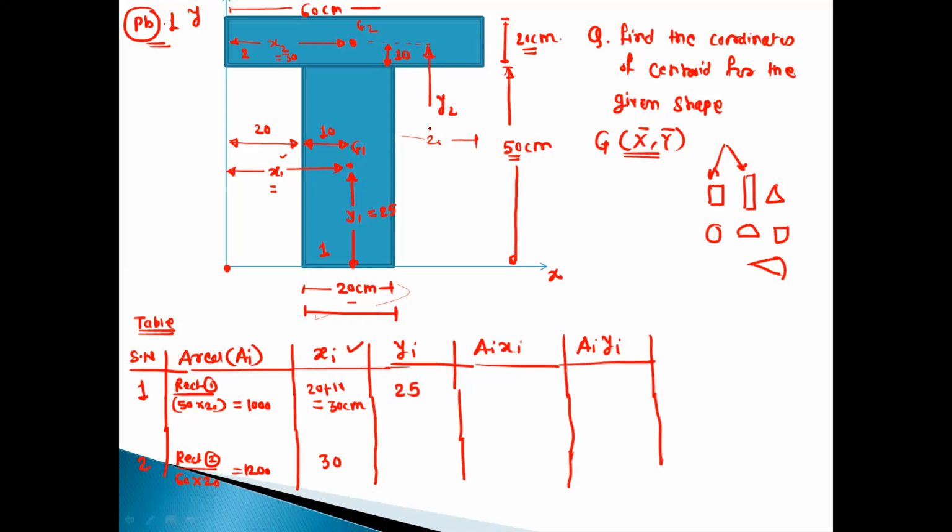So this is Y2 with respect to the X axis. Okay. So this Y2 will be this 50 centimeter plus this 10 centimeter. So Y coordinate will be 50 plus 10 centimeter, that is equal to 60 centimeter.